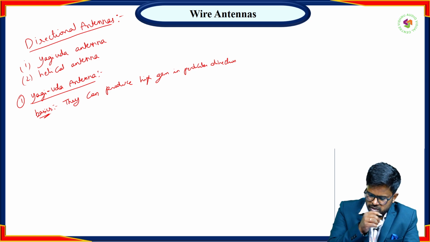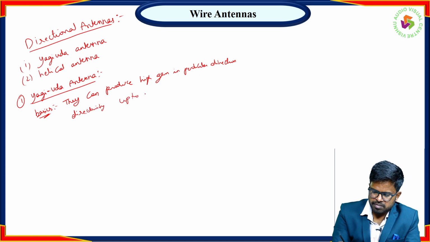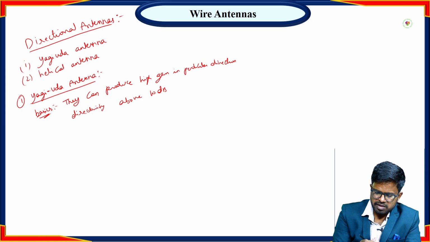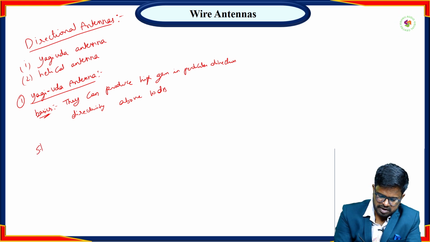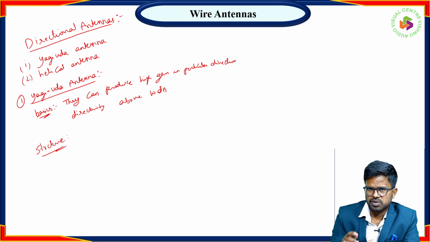So the directivity of this antenna can be above 10 dB also. About 10 dB also they can produce. Okay. Coming to the structure of this Yagi-Uda antenna, they normally have two types of elements.